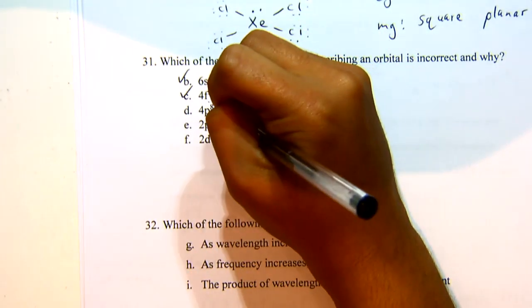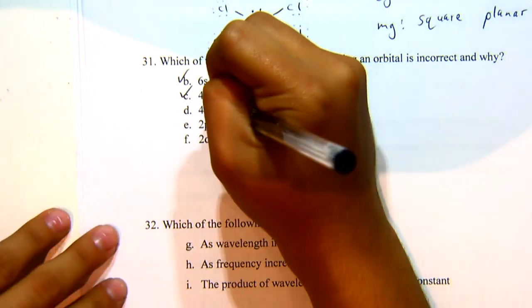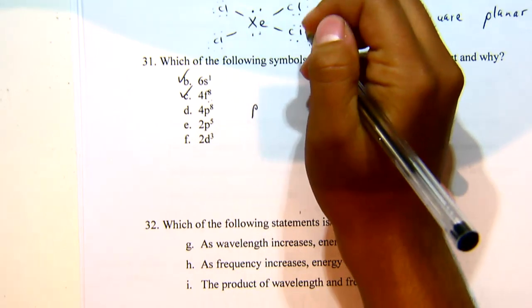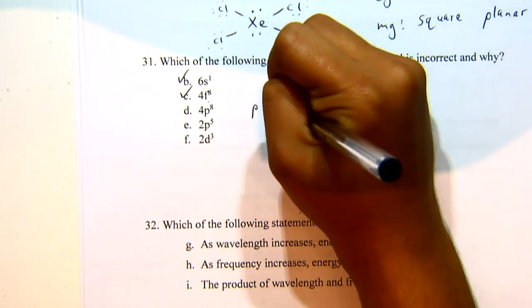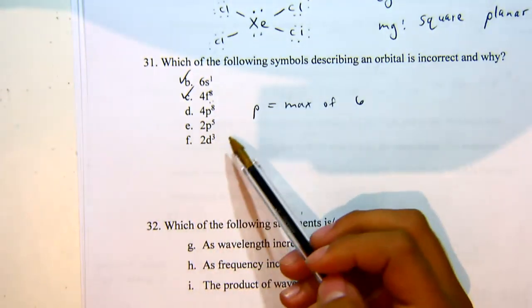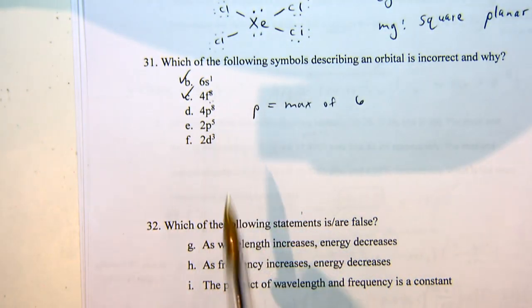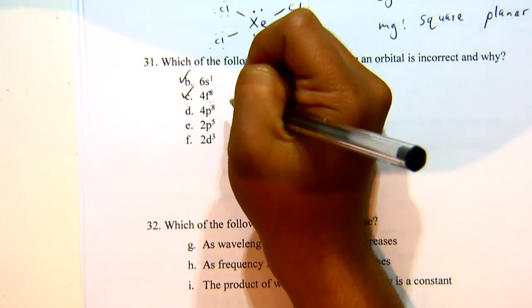And what's making this bad here? Awesome, yeah. So our p can only hold a max of 6. In order for that to be correct, it would have to be like 4f to the 8. Or actually 4d to the 8.